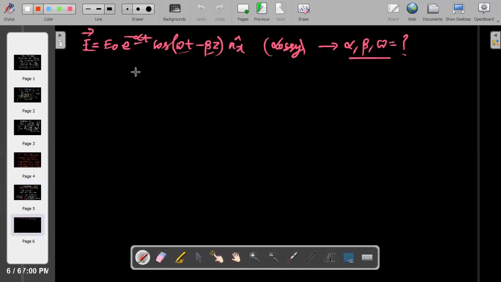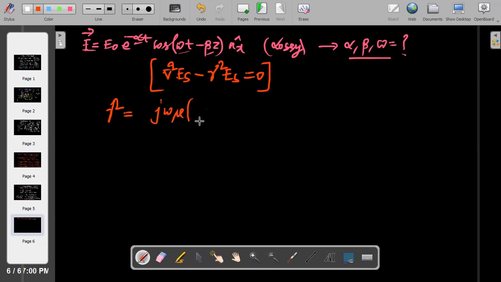Now you follow, everyone. So what I got? Del squared ES minus gamma squared ES is equal to 0. This is what we got. Now gamma squared is nothing but your j omega mu sigma plus j omega epsilon.